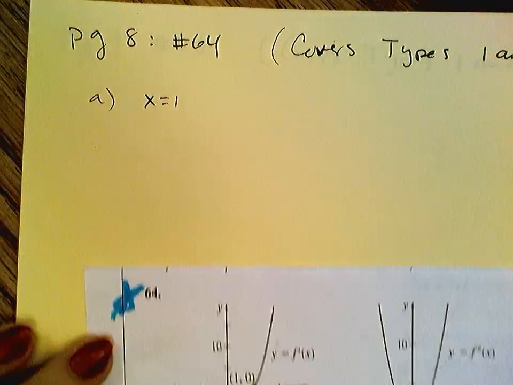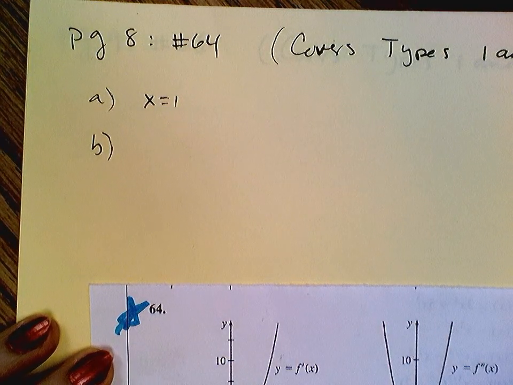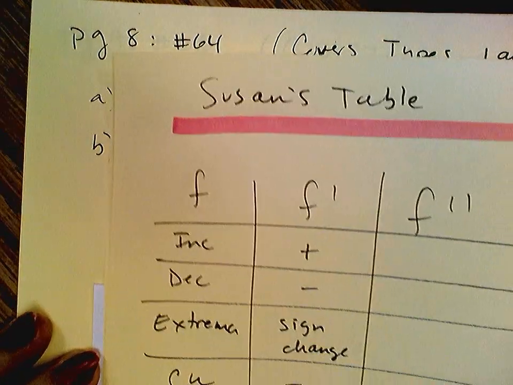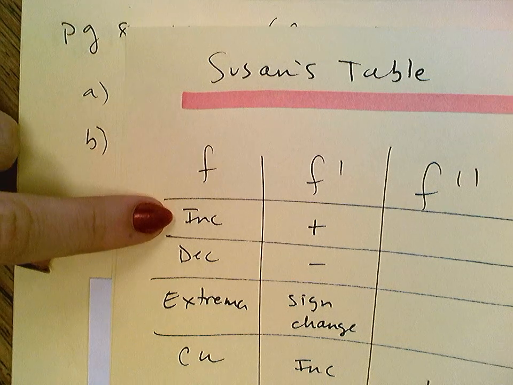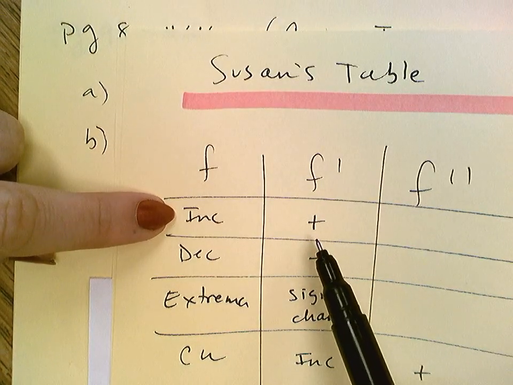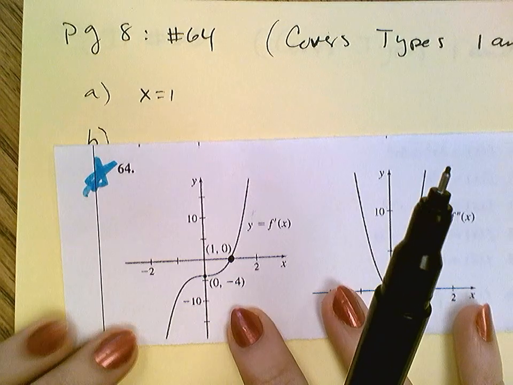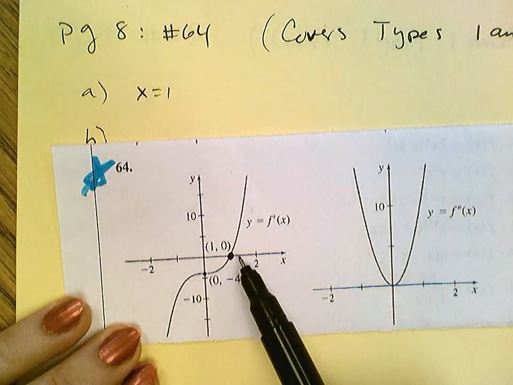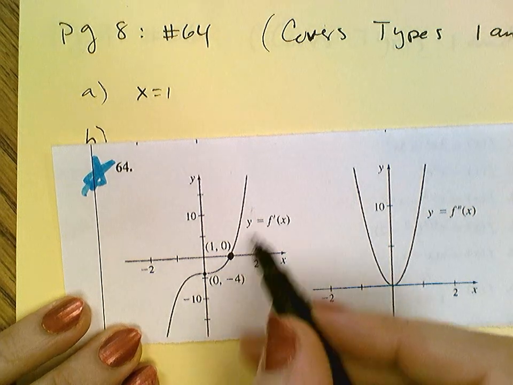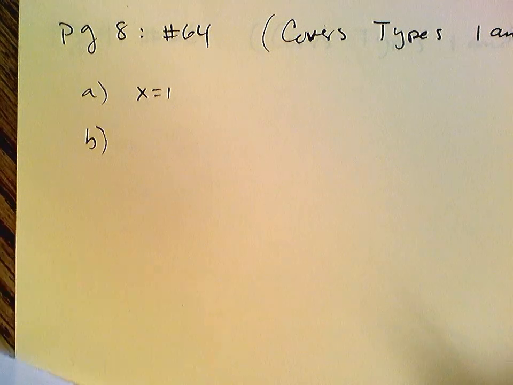Okay, now for B, where is f increasing? So Susan's table says that f is increasing when f prime is positive. All right, so I'm looking for where f prime is positive. And you look at the f prime graph, it is positive from 1 to infinity, I guess.